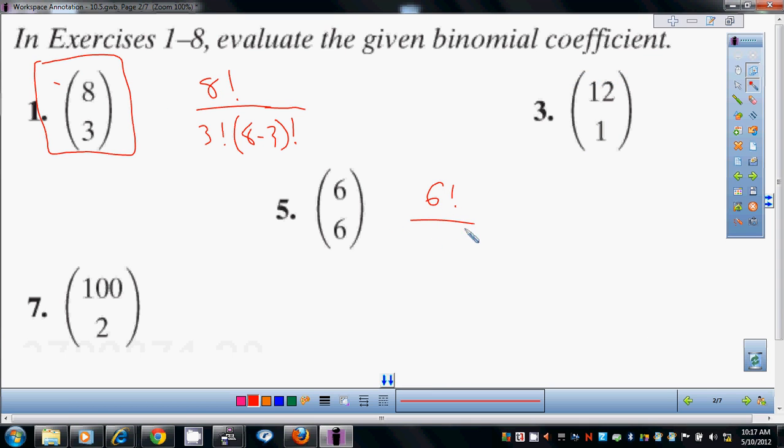6 factorial over 6 factorial times 6 minus 6 factorial. So cancel, cancel. What's 6 minus 6? What's 0 factorial? 1. So 1 over 1, 1. The ones where it's the same number on top of itself, the answer is just going to be 1. It's just kind of a law.